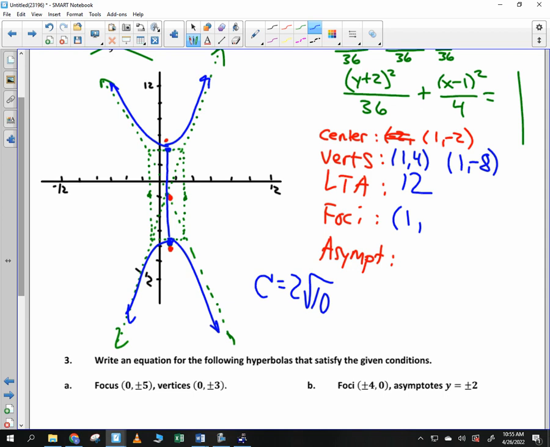So from negative 2, I added and subtracted 2 roots of 10. So we're over 1 unit because of this. And notice that over 1 unit, that's where the center is, that's where the foci are, that's where the vertices are. Everything is over 1 unit.